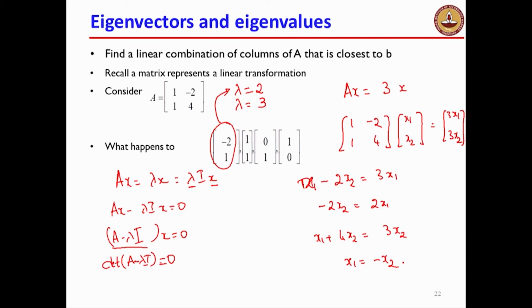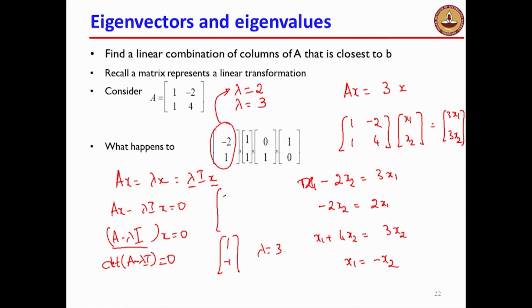And that is not surprising, right? You do not really have two independent equations, you have only one independent equation. Because there is a non-trivial solution, the columns of A are dependent on each other, so obviously you will end up getting infinite solutions. Any vector where the first component is the negative of the second component is an eigenvector corresponding to the second eigenvalue 3. So the second eigenvector is 1, minus 1 and the corresponding eigenvalue is 3.